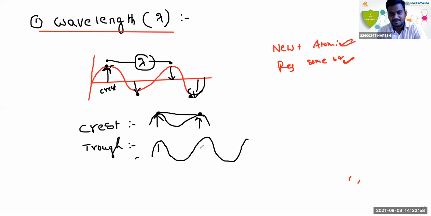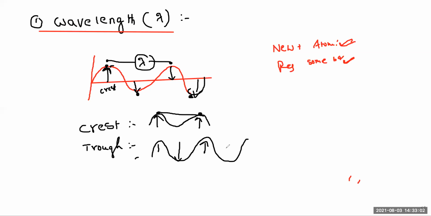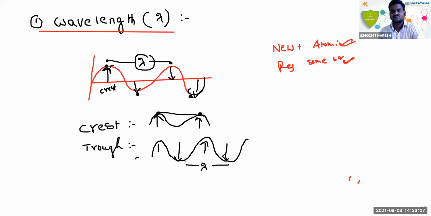This is upward displacement, and the point of maximum downward displacement is called a trough. So wavelength is basically the distance between any two successive crests or troughs. It is denoted by lambda.